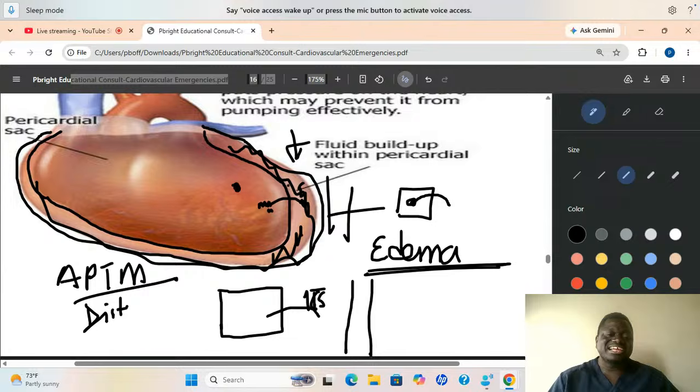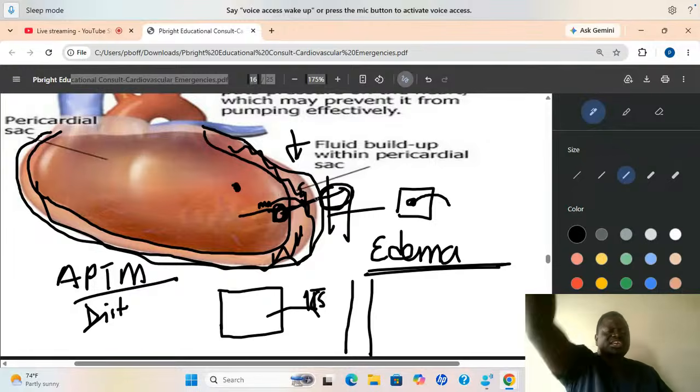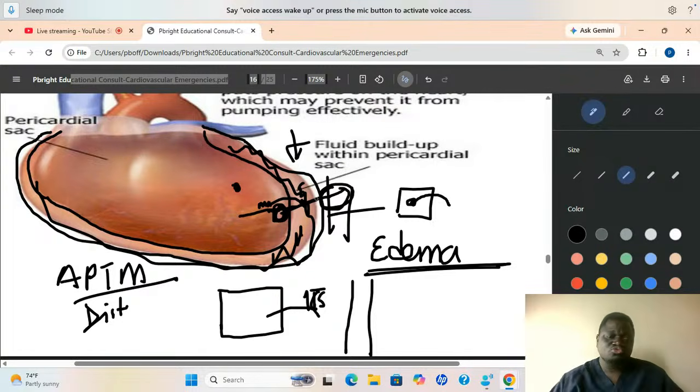Why is it distant? If I can hear the heart muscles in my stethoscope, I should be able to hear through this sound. So you put your stethoscope here, but look at where the heart muscles are. You see the distance is far away. It's like somebody is standing far away and talking to you.